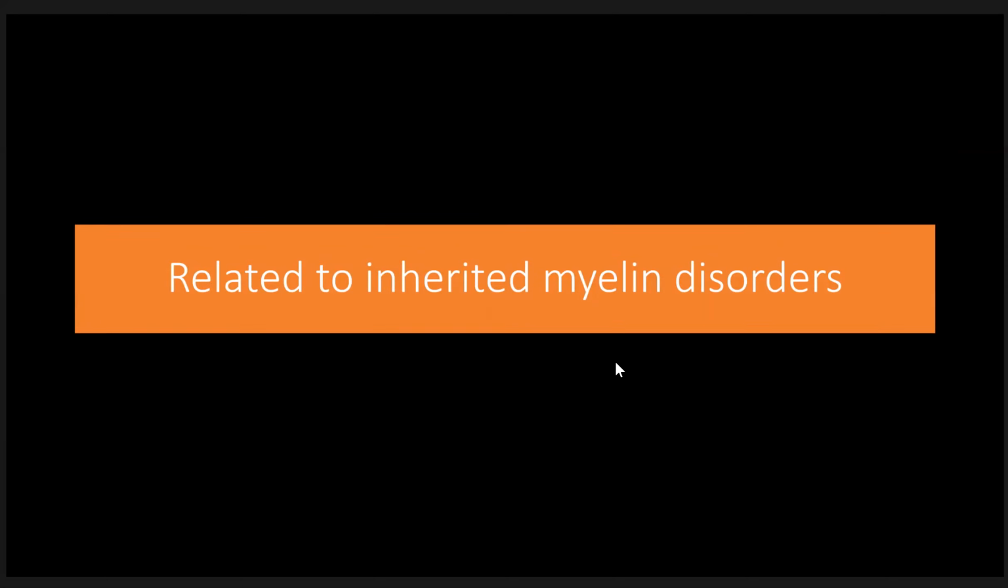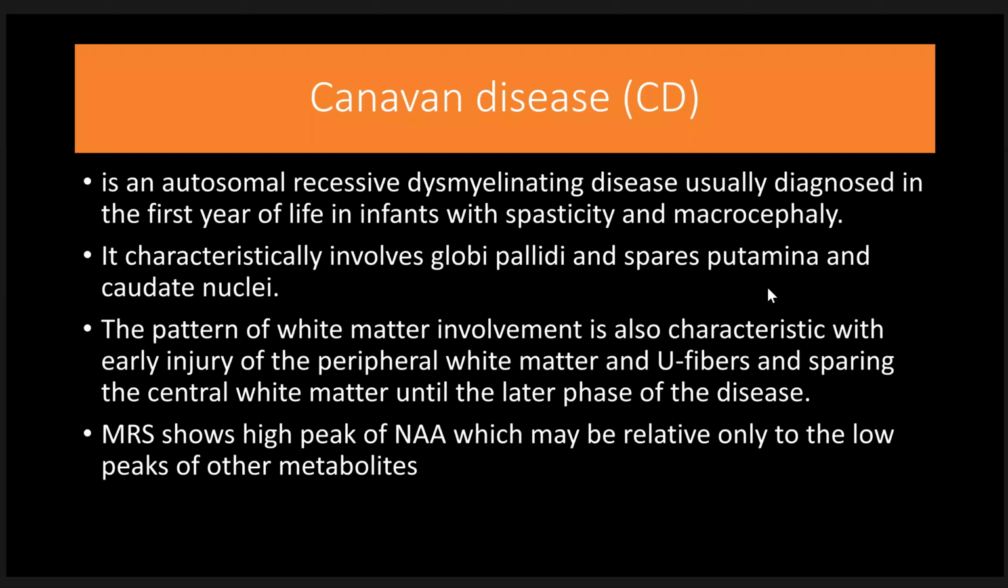Other categories are related to inherited myelin disorder, and we have Canavan disease, which is autosomal recessive. It involves white matter with injury to the peripheral white matter and U fibers and sparing of the centrum semiovale.